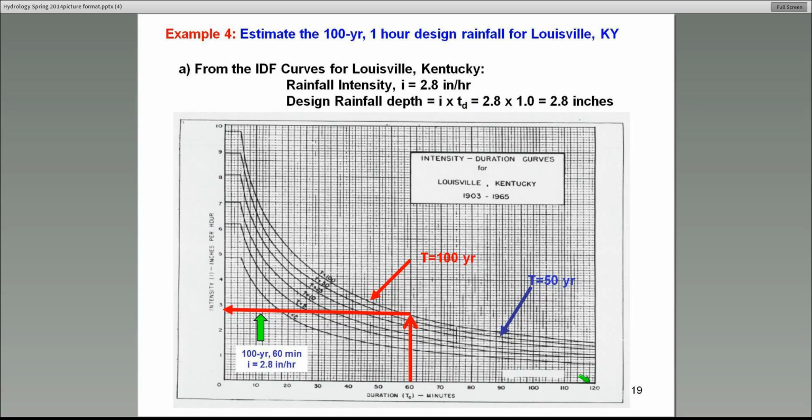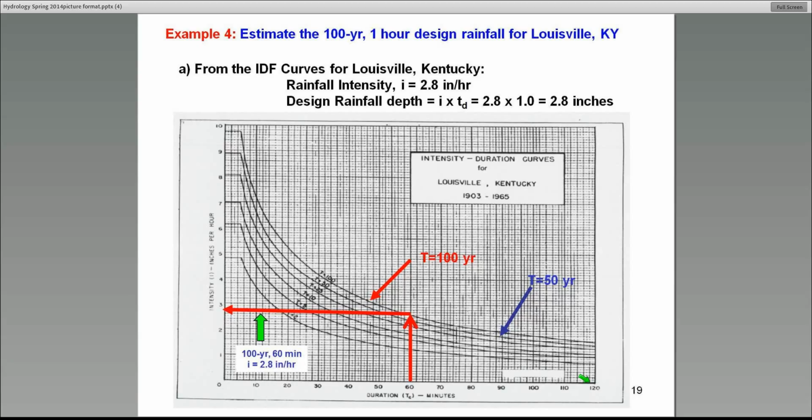But for the kind of design work I'm talking about here, the SCS and the rational method, we're talking about small watersheds, less than 50 square miles definitely, and therefore the times of concentration are not going to be more than 2 hours. And that's the reason why these curves are limited to 120, or maybe 180 minutes at the most.